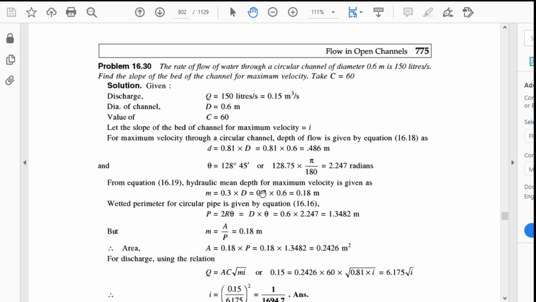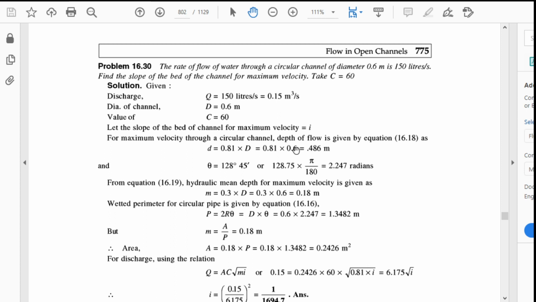Now, for the maximum velocity, the hydraulic mean depth is given as 0.3 times the diameter of the circular channel, so you can directly find m as 0.3 into 0.6, which comes out to be 0.18 meters.